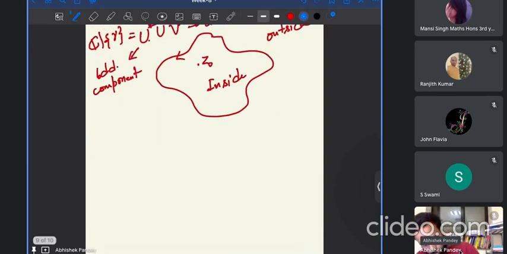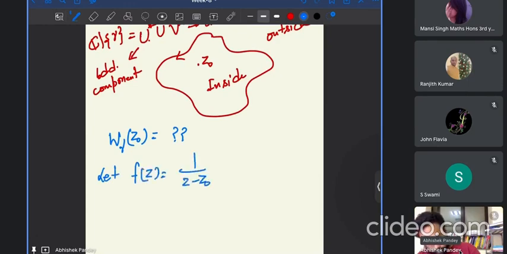So our question is, what is this? Let f(z) be 1 upon z minus z naught. So clearly f is analytic on C minus z naught.